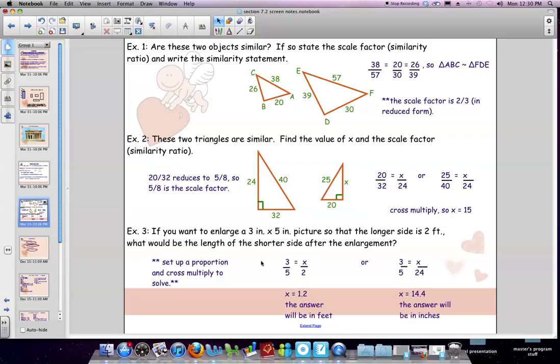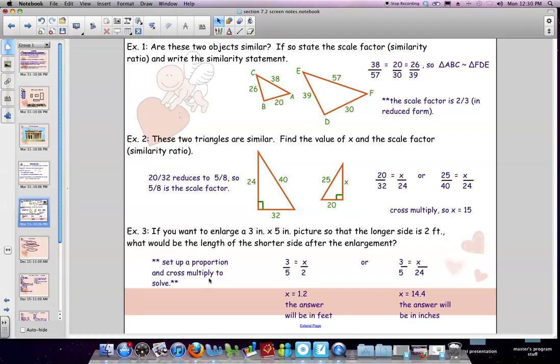The third type of example that you might see is you are trying to create a similar figure. So for example, if you want to enlarge a 3x5 picture into a poster size, so that the longer side is 2 feet long, but you want to know what the shorter side would have to be after the enlargement.